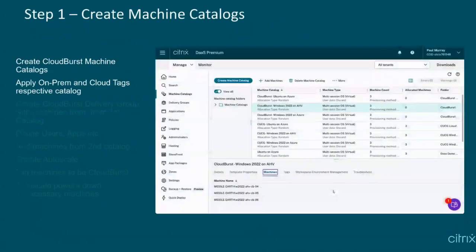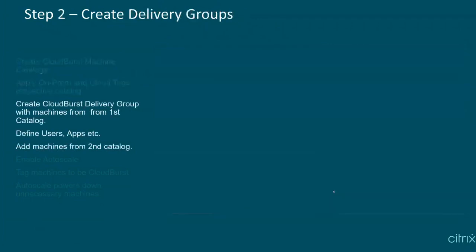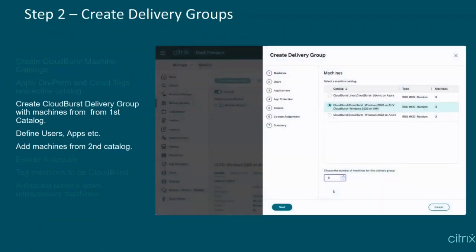So how does that look in reality? Again, like I said, create the cloud burst machine catalogs, and then apply the on-prem and cloud-based tags to the respective catalog. So I have one here, 2022 on AHV, and then 2022 on Azure. The second part of that process is then to associate the tags, and then to create that delivery group.